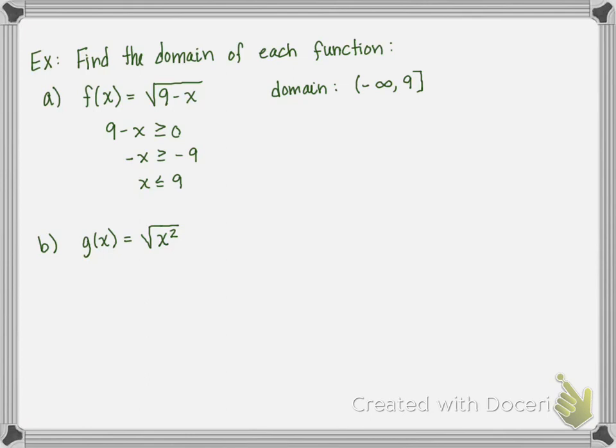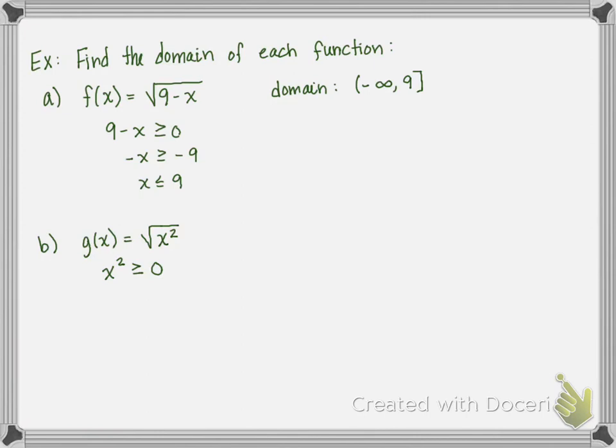Haven't we found the domain of square root functions before? So how do we do it? The radicand has to be greater than or equal to 0. Wouldn't that just be all those?